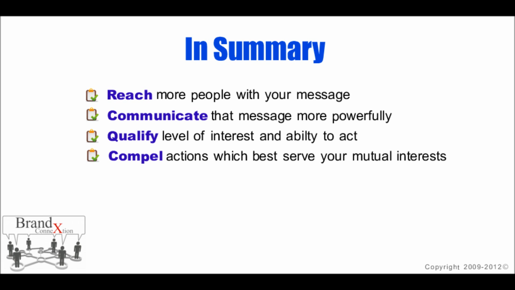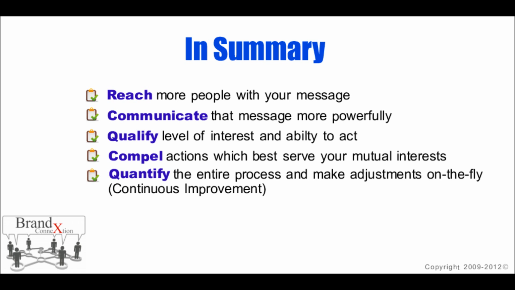Therefore, we can segue them out, we can soft exit them, we can talk to them now if they show that the characteristics and the interests are there. We can quantify the entire process and make adjustments on the fly. We can make continuous improvements to the campaigns so that we can fine-tune how we communicate with our prospects and our visitors to our microsites.